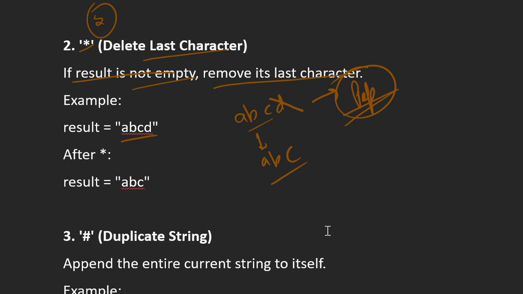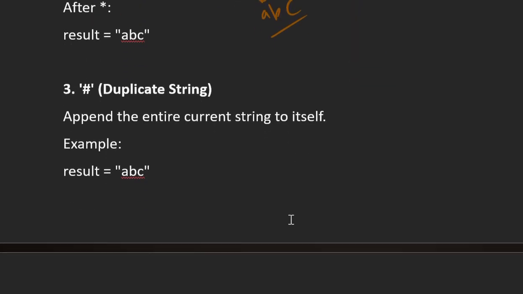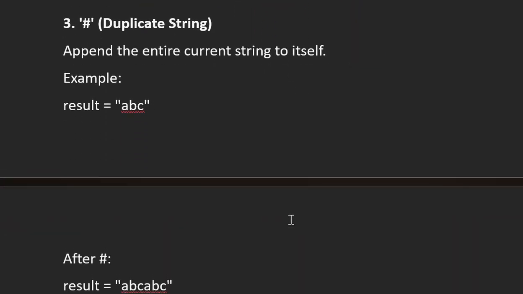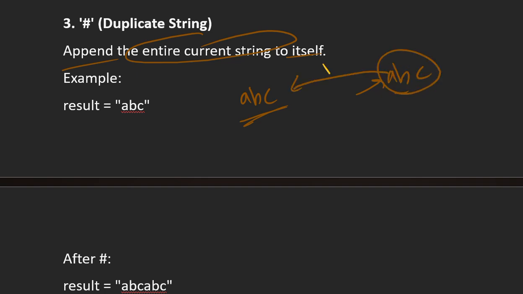Then the third operation: if we get a hashtag, we need to duplicate our string. So we append the entire current string to itself, right? If our result is abc, the duplicate of this string is abc, and now we append this duplicate to the current string, so it will become abcabc, right?